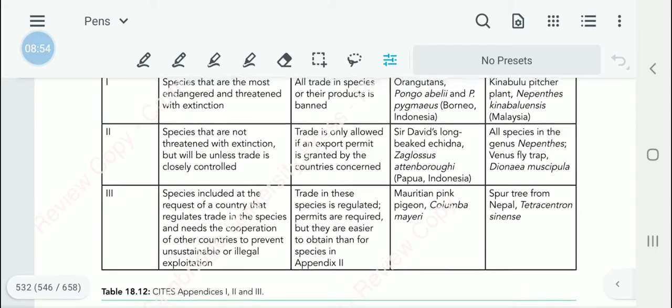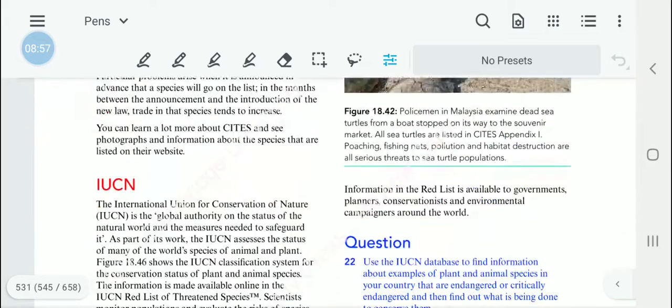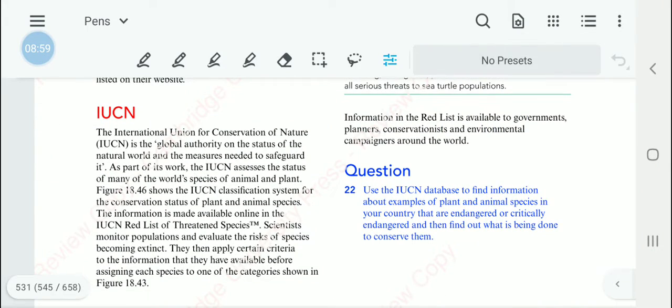Please write down this table 18.12. After writing that down, write down IUCN, the International Union for Conservation of Nature, is the global authority on the status of the natural world and the measures needed to safeguard it. They classify species depending on the data available to ascertain how threatened the particular species is.